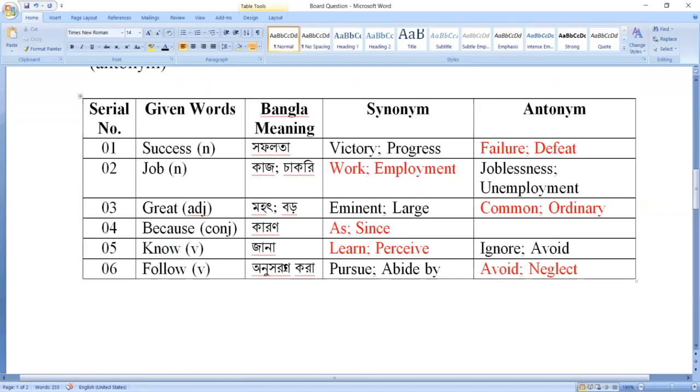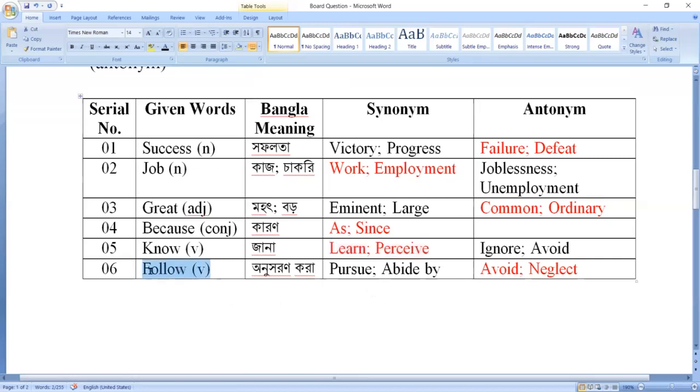Know is a verb, and the synonym of know is either learn or perceive or anything else, and antonyms are ignore, avoid, neglect, etc. But as we are asked to write the synonym, we may write learn or perceive, because these two words are also in verb form.